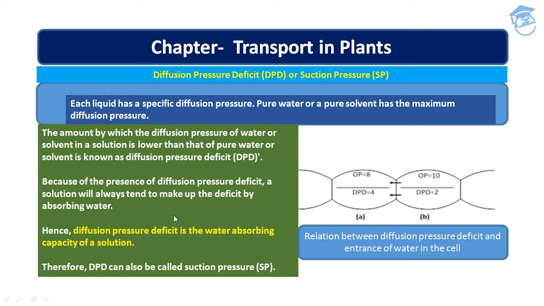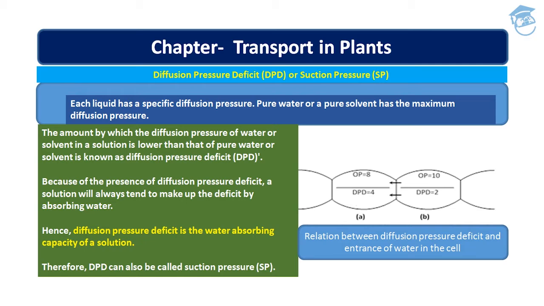See, this is the relation between diffusion pressure deficit and the entrance of water in the soil. DPD is higher in this cell and DPD is lower in this cell. So obviously water will move from this area to this area because it has more DPD, that is diffusion pressure deficit, and that's why it is called suction pressure.